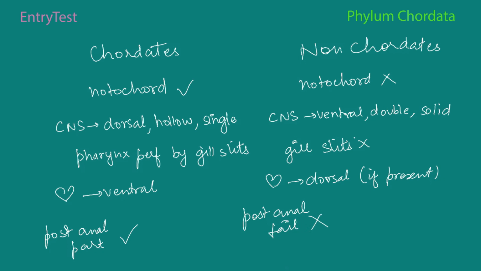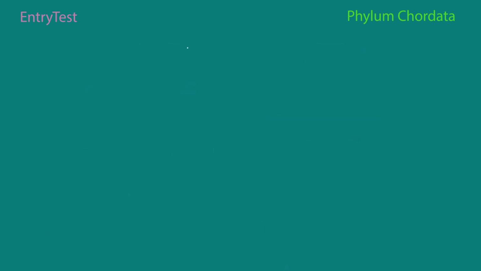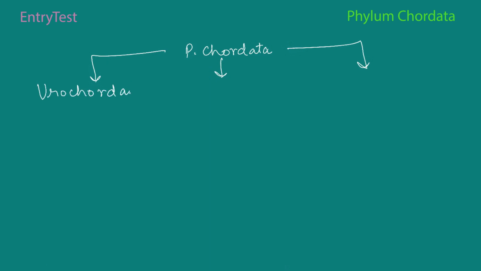So let's go ahead and find out how the phylum Chordata is further divided into subphyla. On the basis of the features we've just done, it is divided into three basic subphyla. First is Urochordata, also known as Tunicata.